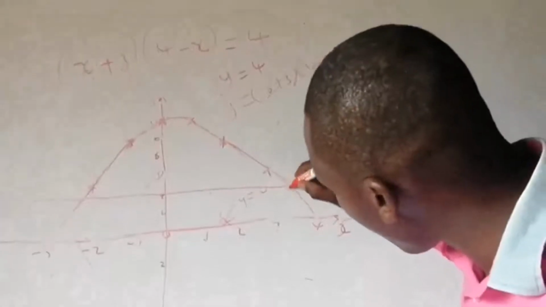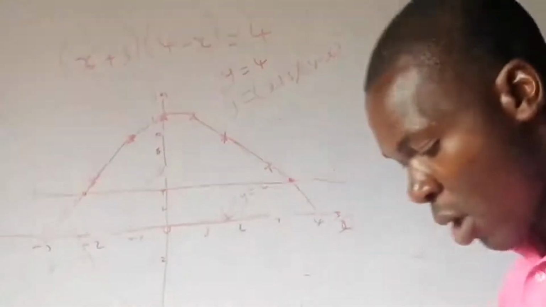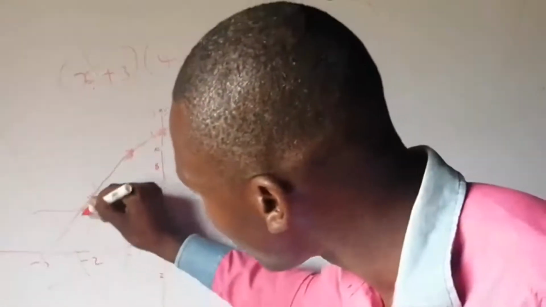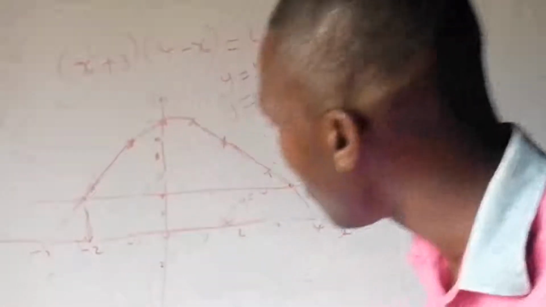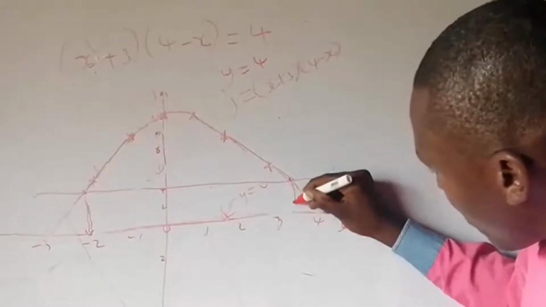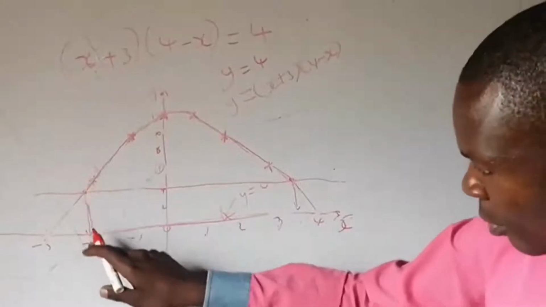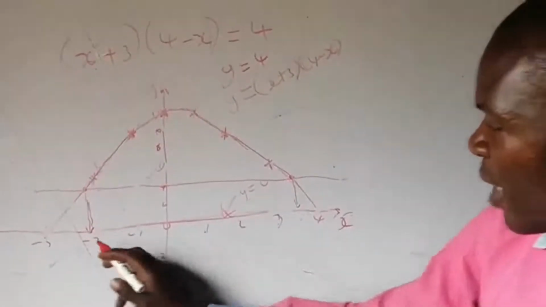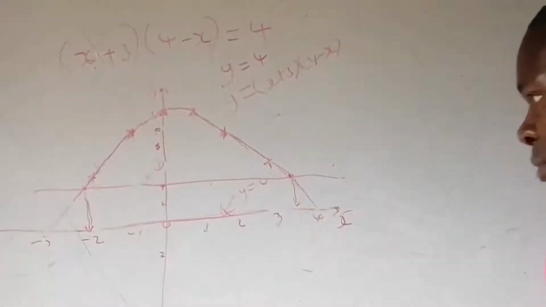So this is the point of intersection and this is the point of intersection. We have to find the value of x at the point of intersection. So draw an arrow to indicate where the value of x is found here and where the value of x is found there.